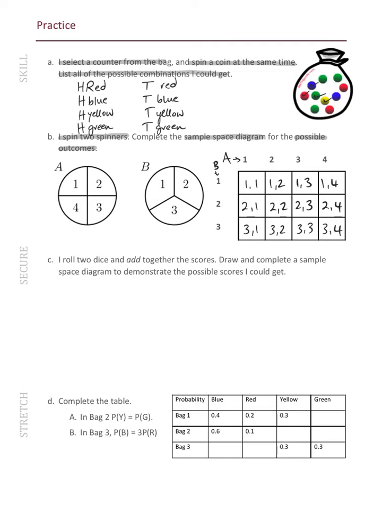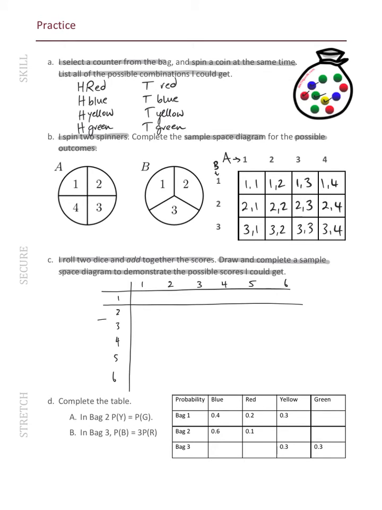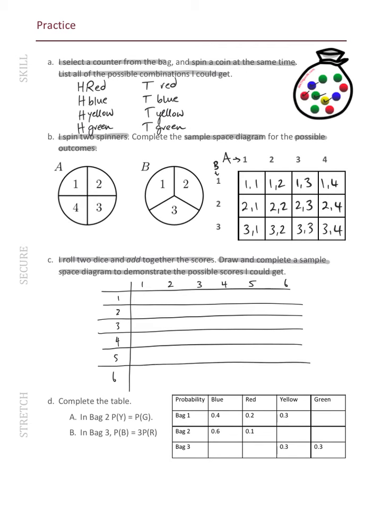Okay, question C. I roll 2 dice and add together the scores. Draw and complete a sample space diagram to demonstrate the possible scores. So we have 2 dice. Just going to put these boxes in. So that's what your sample space should look like. And as we can see here, I'm adding together the scores.